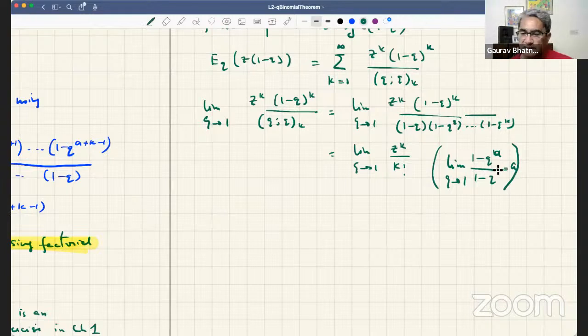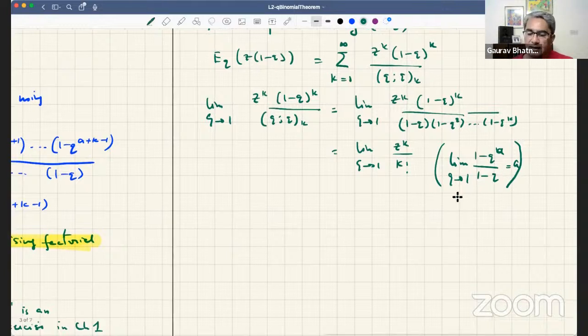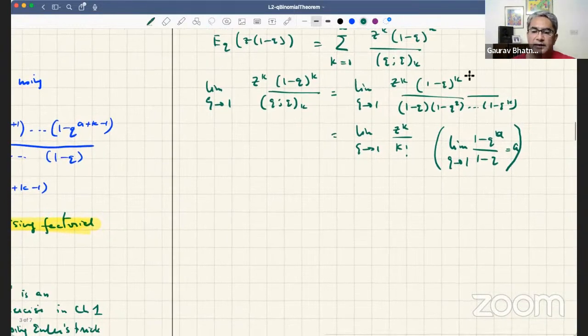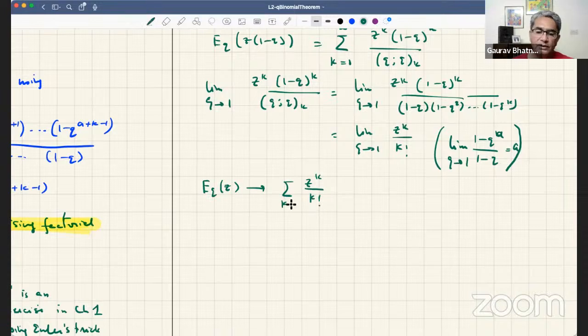This is just saying that the function q^a has derivative a at q equal to 1. So if we do that, term-wise E_q(z) tends to the series z^k over k factorial, which is the exponential function.